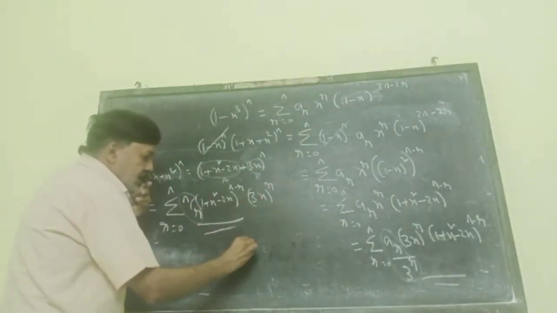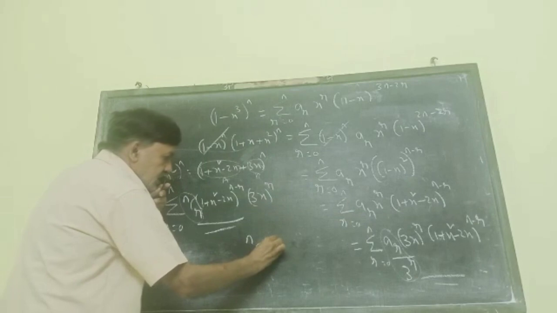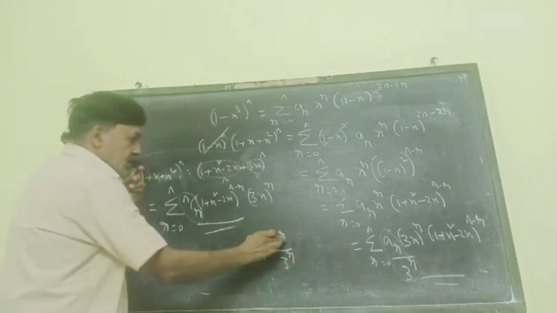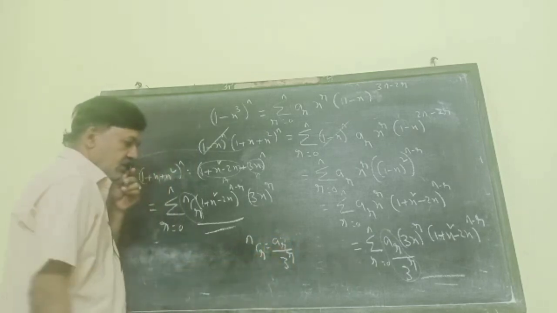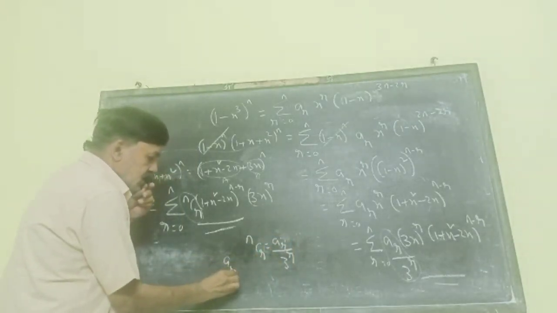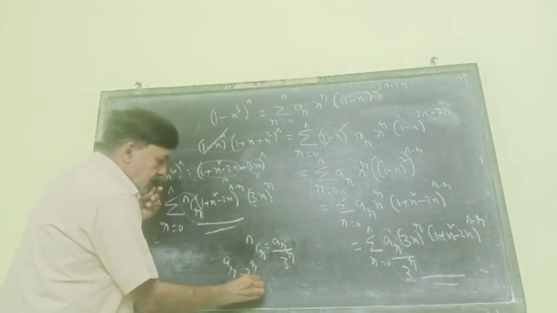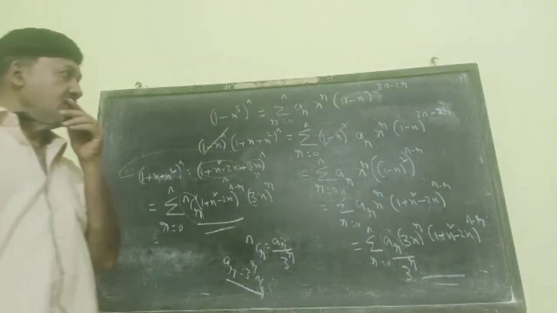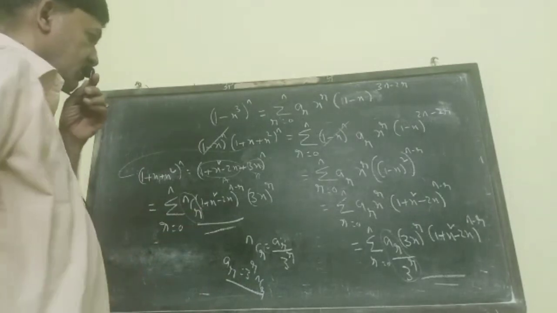So, by comparing, nCr is equal to A power r by 3 power r. Sorry, A_r by 3 power r. So A_r is equal to 3 power r into nCr. That's it. I think that's what you are supposed to get.